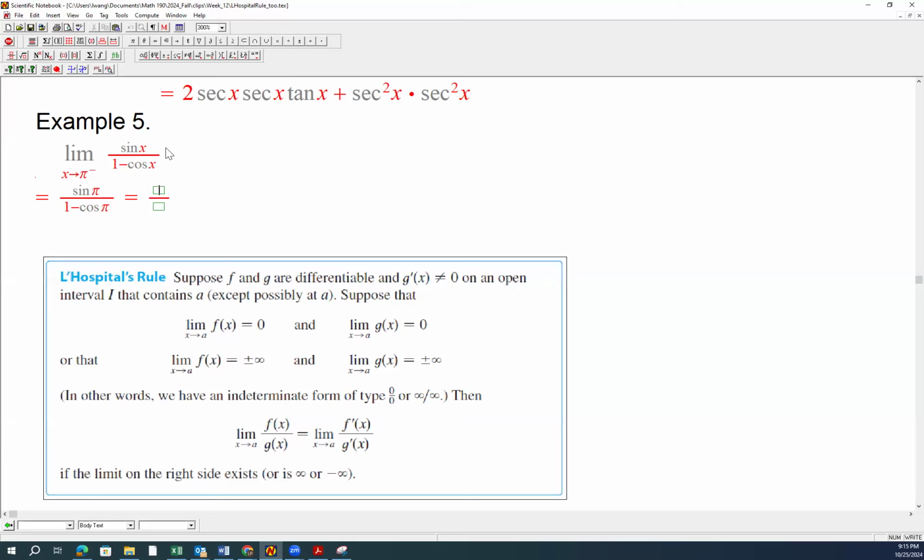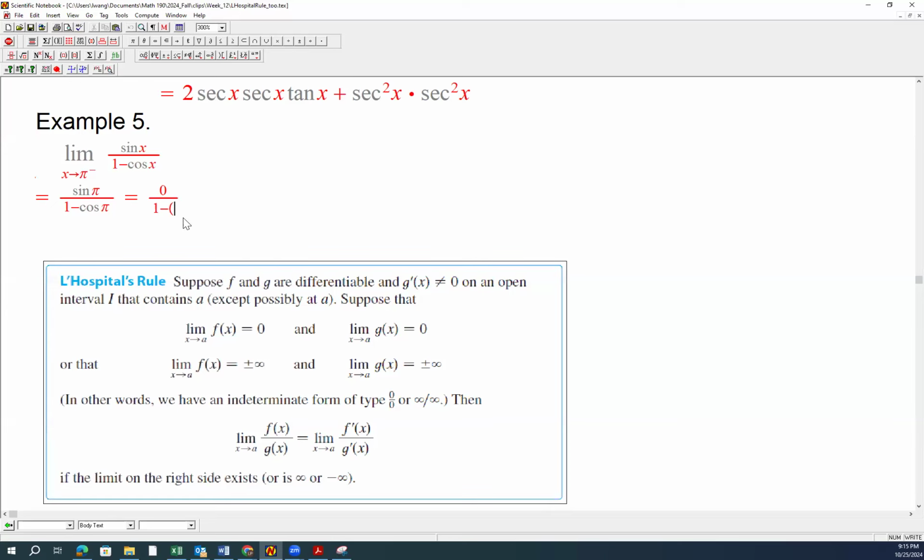I actually did not find the question, but it doesn't matter. So sine pi is 0. 1 minus cosine pi. Cosine pi is -1. The denominator you can see is not 0. But in the end, of course, it's a 0.